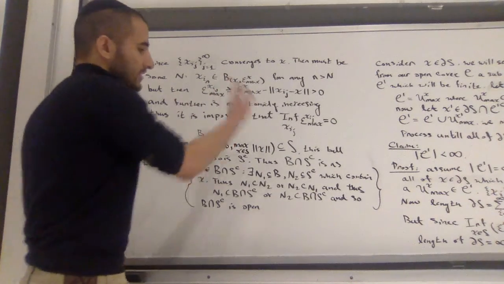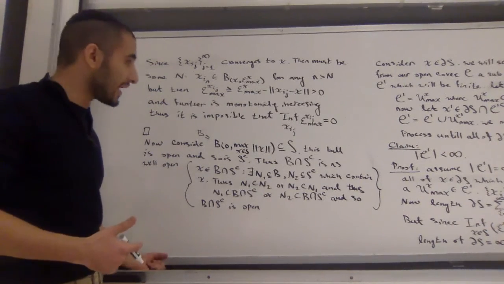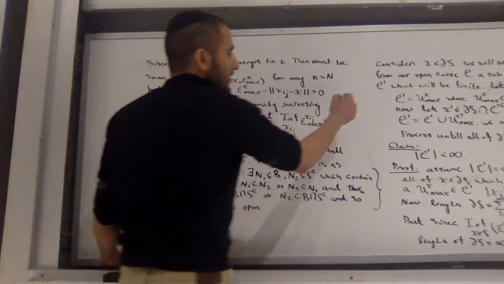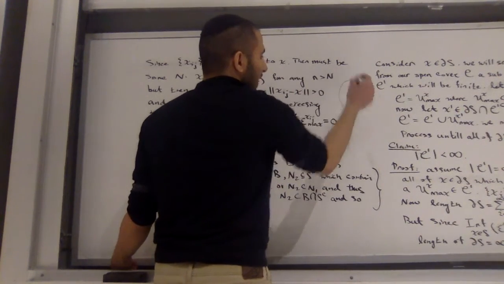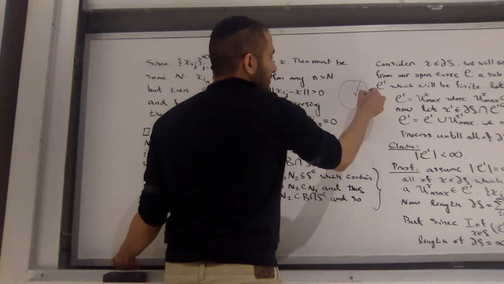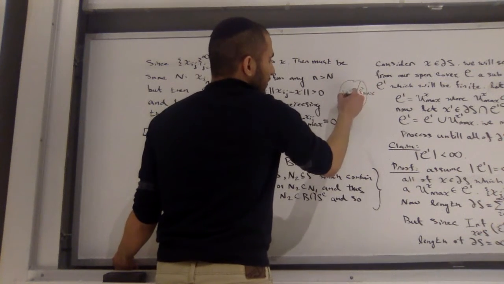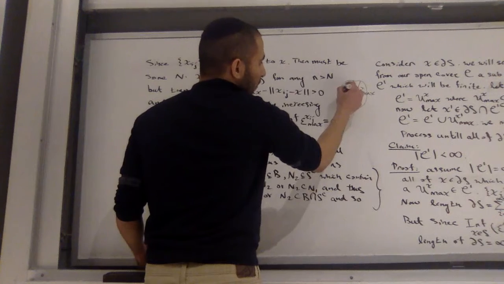Since you don't see me writing it live, it might be a little hard to follow, so let me draw a graphic of this. If this is x and this is the ball centered at x of radius epsilon max x, then any y here will be such that there is a ball centered at y.